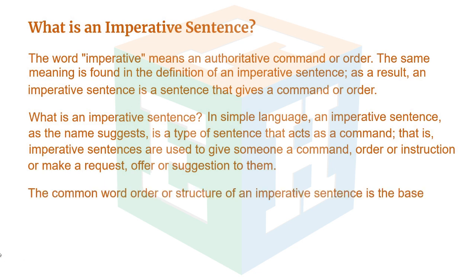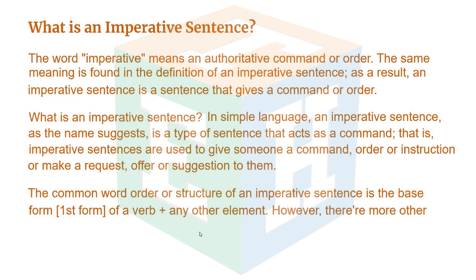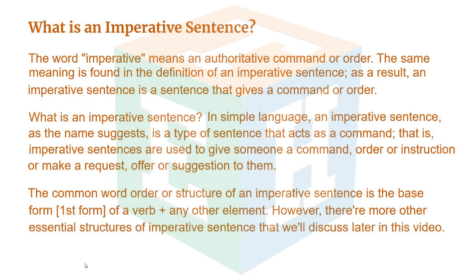The common word order or structure of an imperative sentence is the base form, first form of a verb, plus any other element. However, there are more other essential structures of imperative sentence that we'll discuss later in this video.